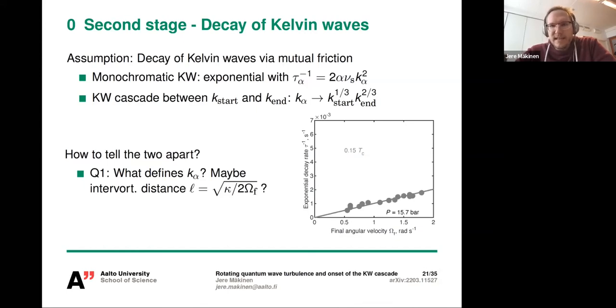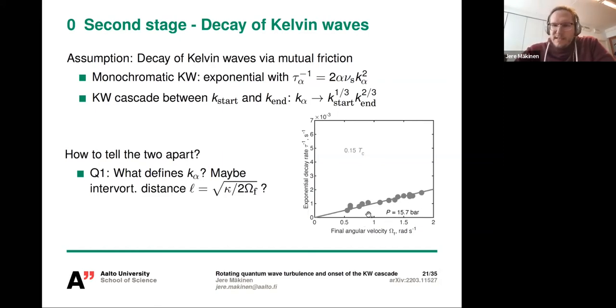So how do we tell the two apart? First question that comes to mind is, what defines this k alpha? There is one clear length scale in the rotating case, which is the intervortex distance. It just depends on the angular velocity of the superfluid.